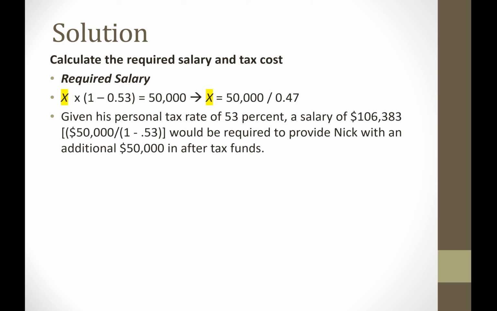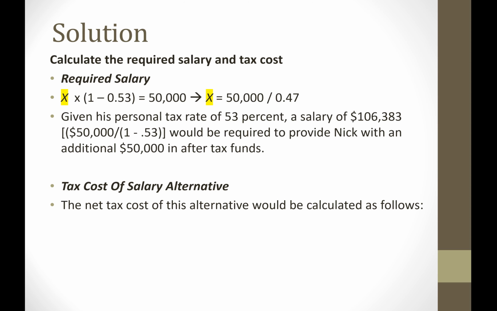Fairly straightforward. Now, what's going to be the overall tax cost of this salary alternative? Well, first of all, he's going to have to pay tax. Nick's personal tax is going to be $56,383, which makes sense. If he gets paid a salary of $106,383 minus the personal taxes, provincial and federal, of $56,383, he will be left with his $50,000 of after-tax funds.